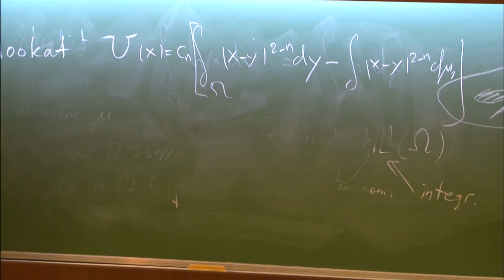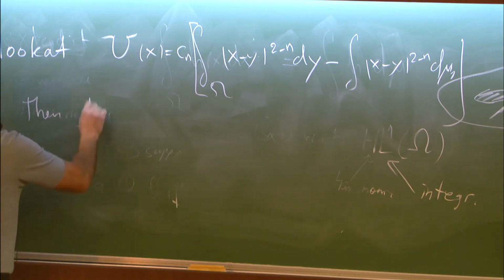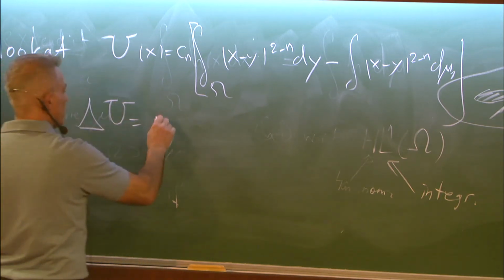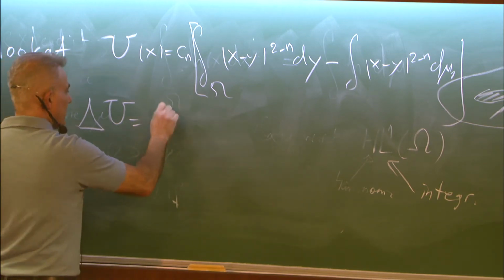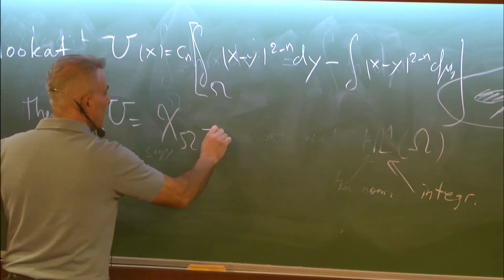I'm taking the difference, and I'm letting x now be inside, and I know that this satisfies that the Laplacian of u is, because I'm putting a normalized factor, the characteristic function of omega minus the measure.